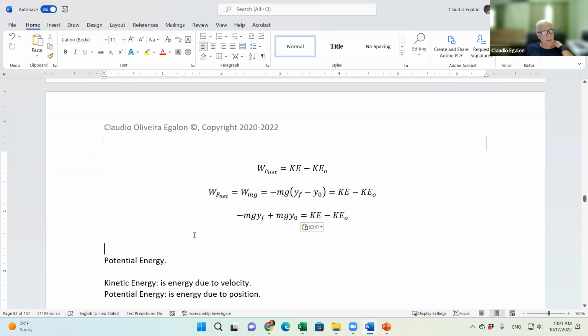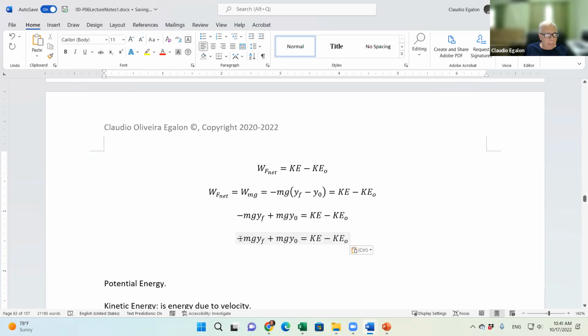Look what we are going to get. We can pass this term to the other side. When we do that, we switch the sign, right? And then we pass also this term to the other side, and we end up switching the sign as well, right? So look what we have here.